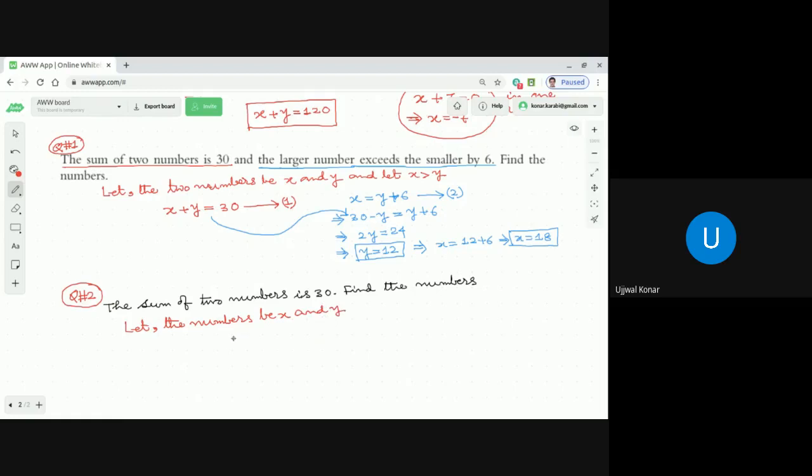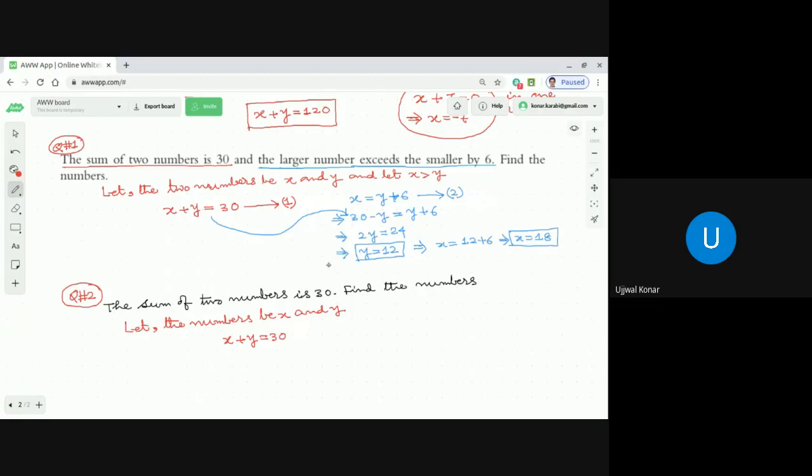Then according to the statement, what can we write? x plus y is equal to 30. Now, dear students, x plus y is equal to 30. That is the only one equation you got from the statement. So if you need to find the values of x and y, we can get an infinite number of solutions.